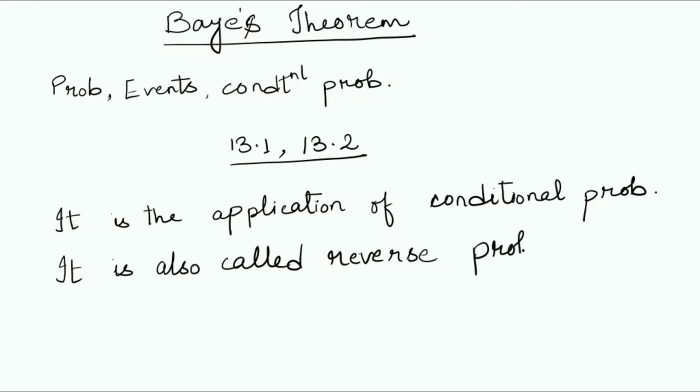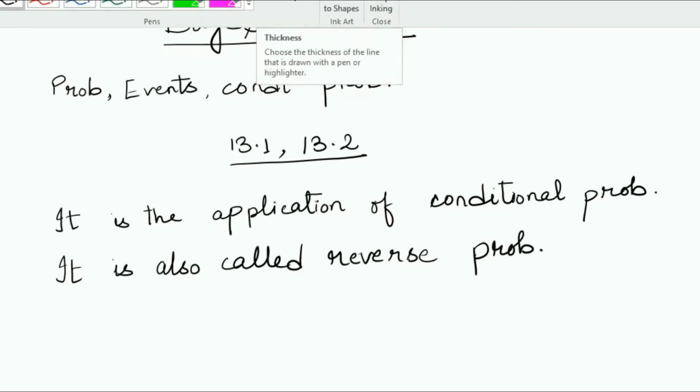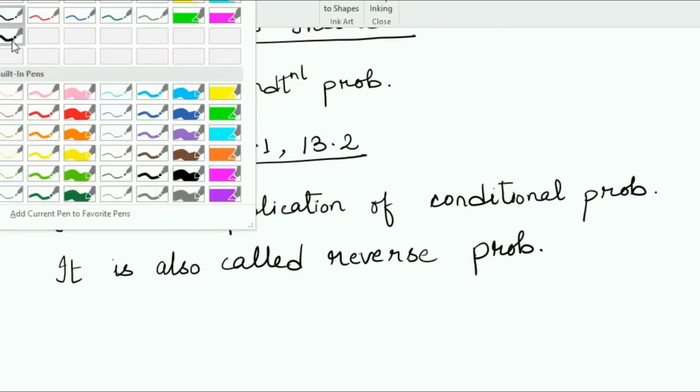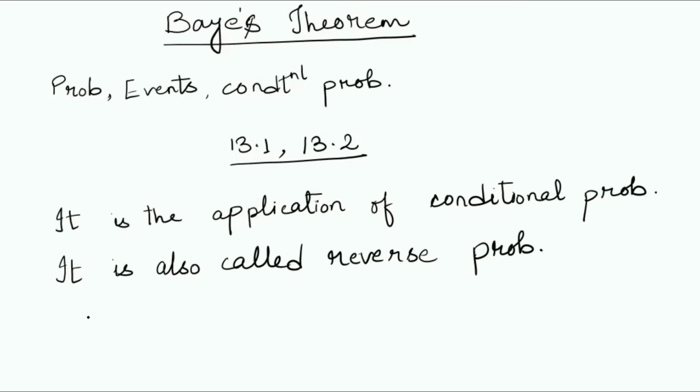Okay, we'll see why. I'll show you an example, then we will see why it is called reverse probability. So I will start with a problem example, then we will go to the formula.